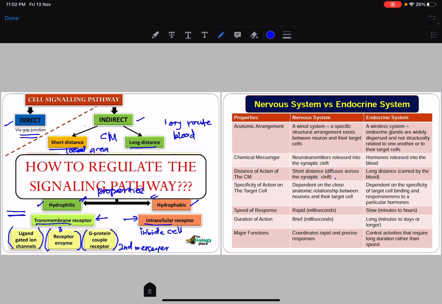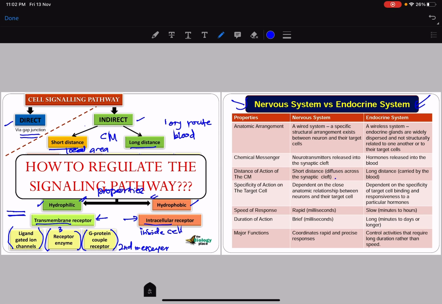Our body has millions of cells, or billions or trillions, so how do the cells communicate to each other? Through the nervous system and endocrine system.